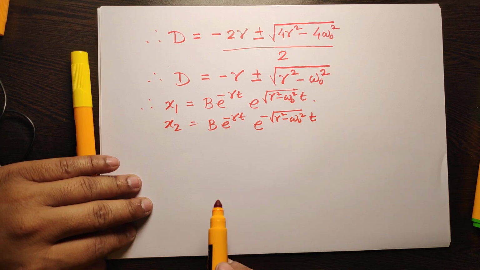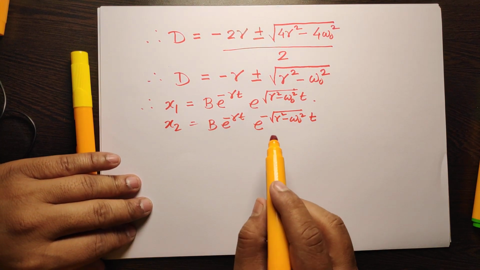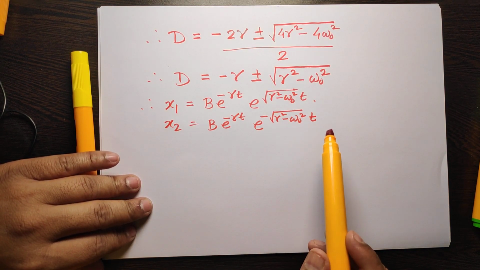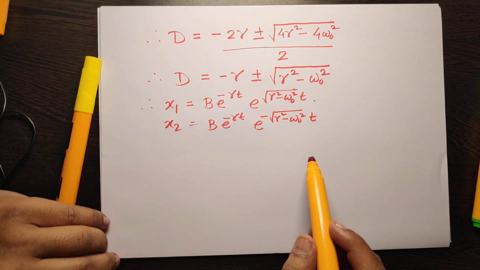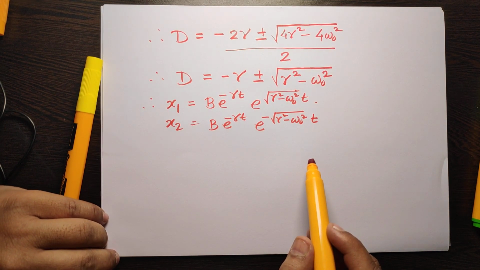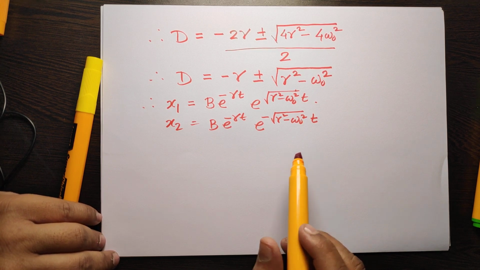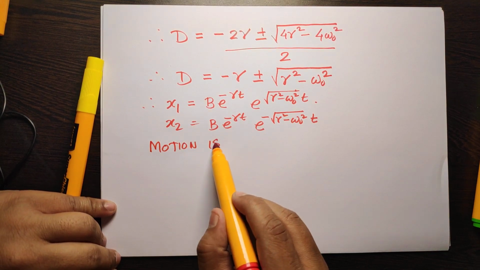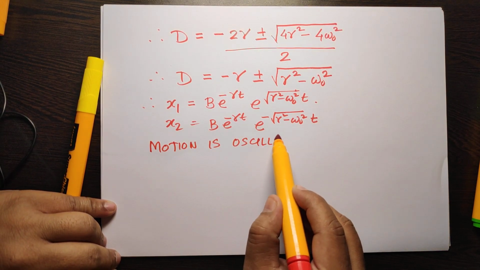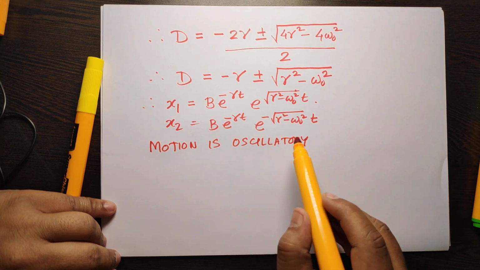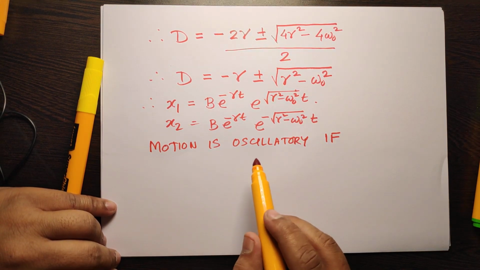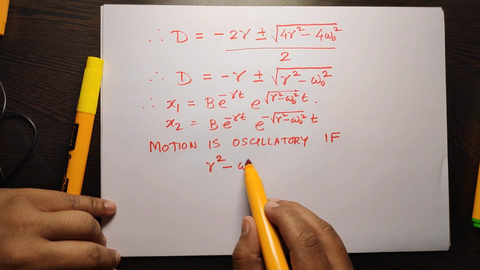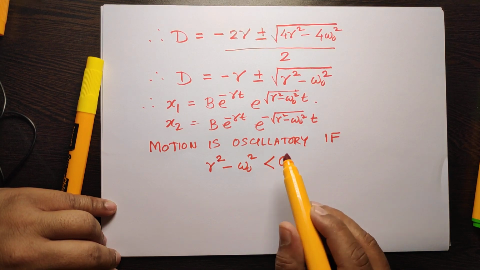Now that's fine, but suppose this quantity inside the bracket is positive, then you won't get an oscillatory motion. So for what situation will you get an oscillatory motion? Motion is oscillatory if the thing inside the bracket is negative, that is gamma square minus omega naught square is less than 0.